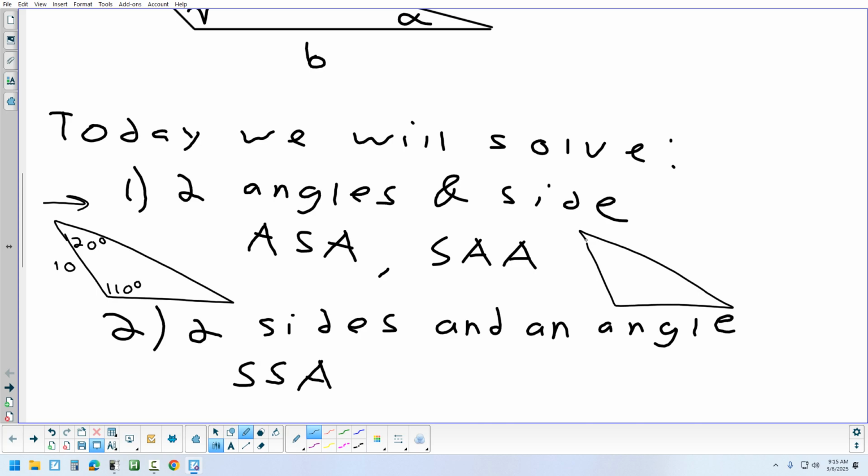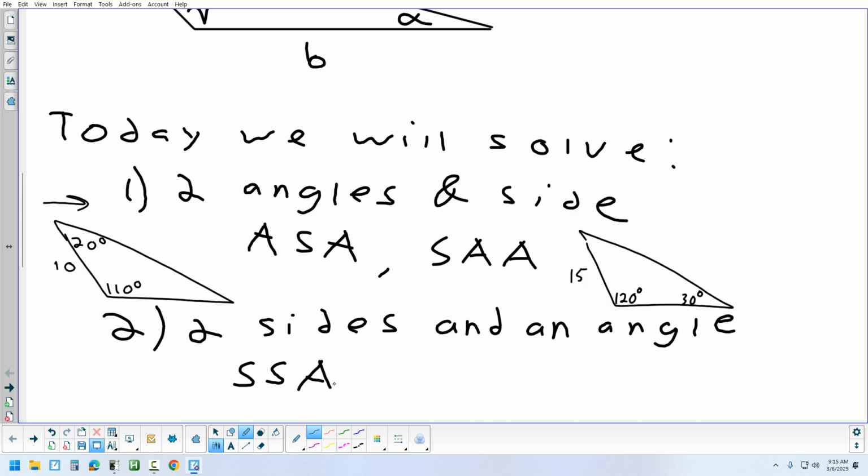So that would be something like I give you a side, let's say over here is 15, I give you an angle, and I give you another angle right there. That's side, angle, angle. The side that you know is not the one that connects the two angles. If it's the one connecting them, then it's between them. That's the first case. So there's a diagram of each type.